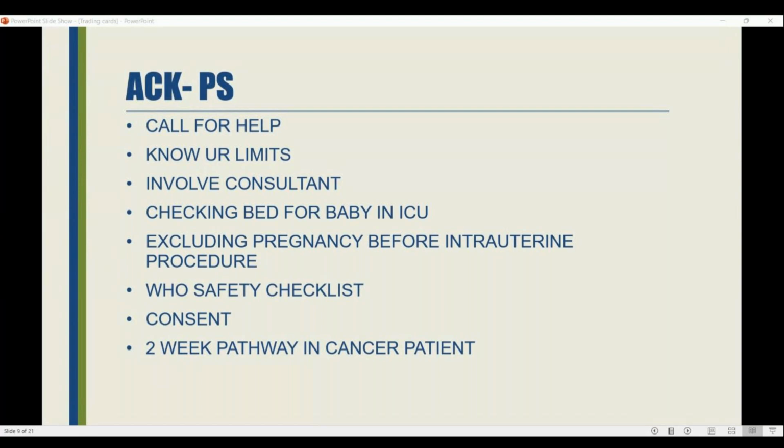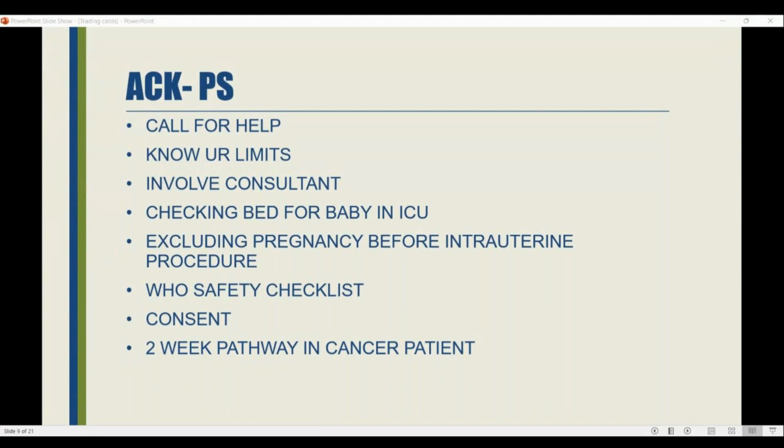Sometimes, in labor ward, you may face this scenario: you have called the consultant in one station, another station you have done by yourself.